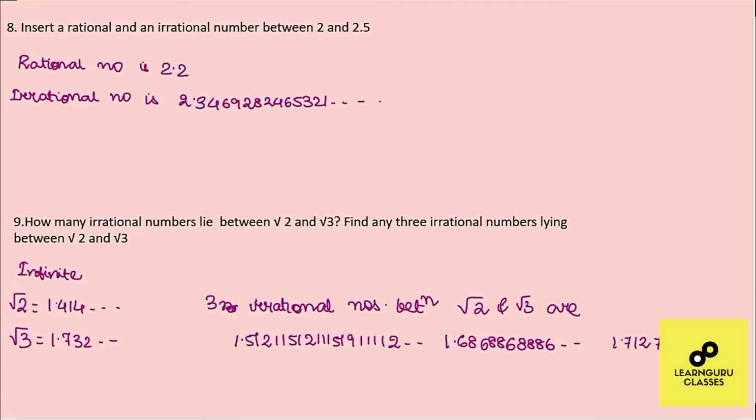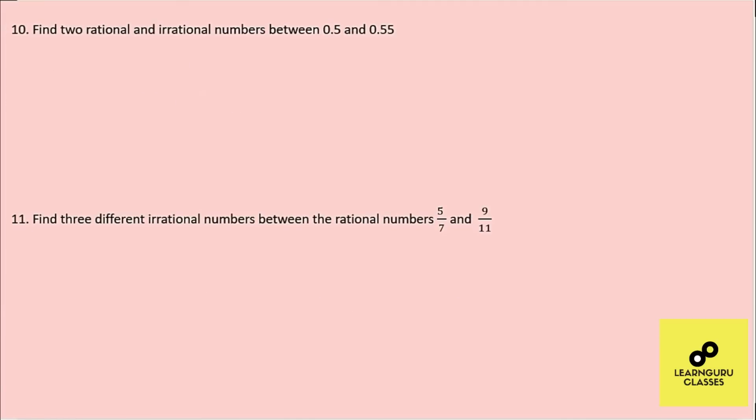So next is find two rational and irrational numbers between 0.5 and 0.55. So this is also very easy. So rational number too, it's very easy.